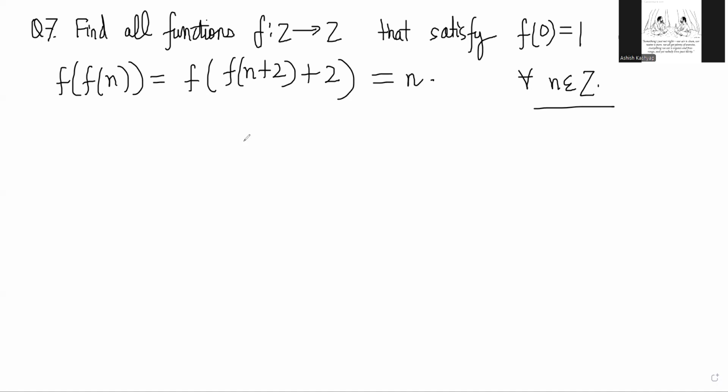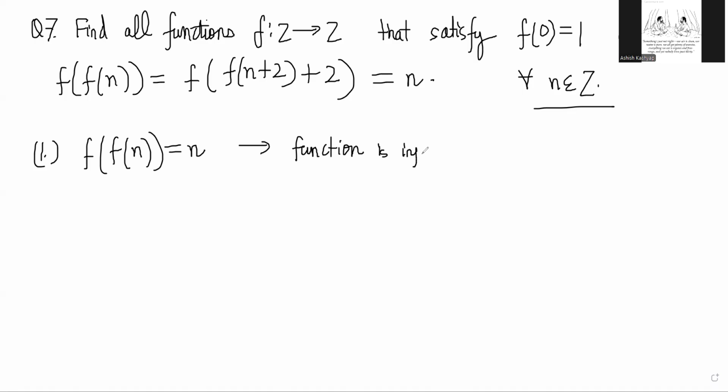Now think about it. What is the meaning if somebody says f of f of n is equal to n? That automatically means that the function is injective. Why is that? So let's assume that f of a is equal to f of b. Now, if f of a is equal to f of b, we can take a function on both sides.